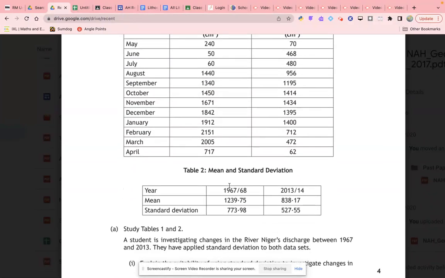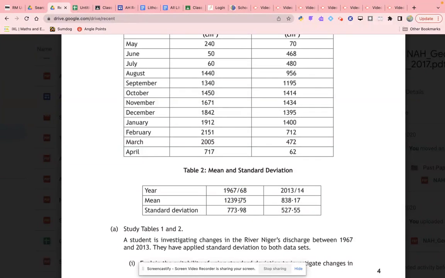What's most interesting is the standard deviation. So this, remember, is one standard deviation around the mean. So what would be the likely rainfall that we would experience across that year? 68% of the time, the rainfall should range between minus 773, that's minus 773 off this number, or plus 773 above this number.